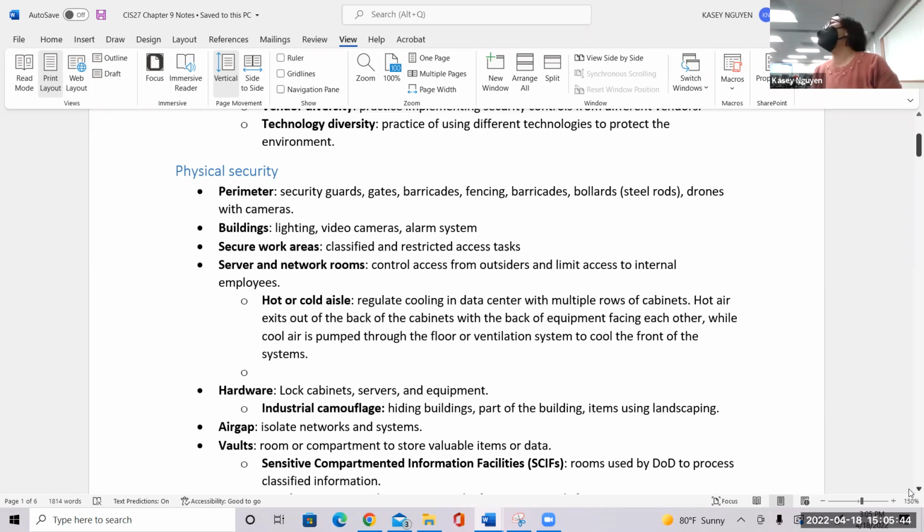In security, we will never be able to address the problem with one solution at 100%, right? So you can implement some of the areas in the physical, like we can put up barricades, we can use steel rods, we can put up gates, we can put up security guards, and so on.